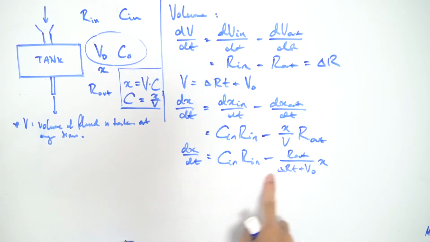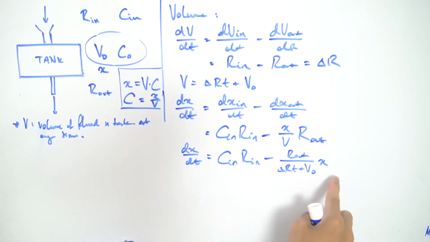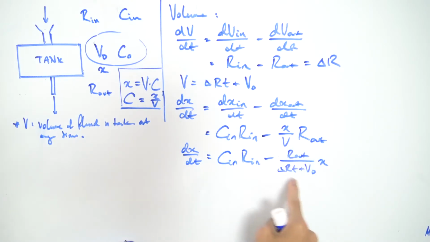And notice this is a first order linear differential equation because we have our differential and we have a singular x over here times some kind of function of t. And there's also one important thing I need to point out over here.